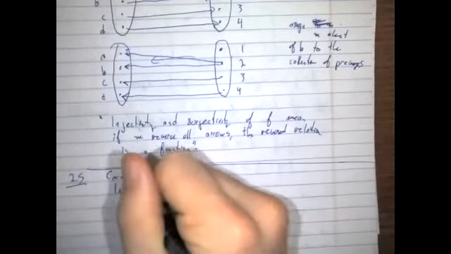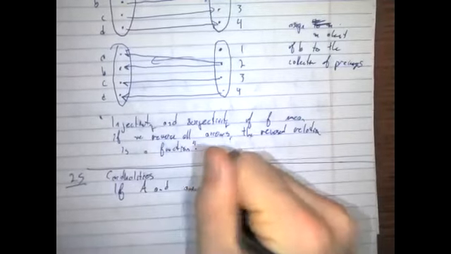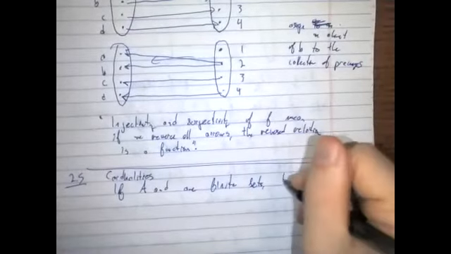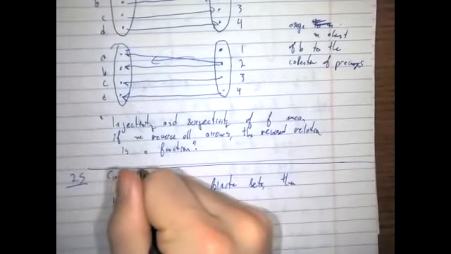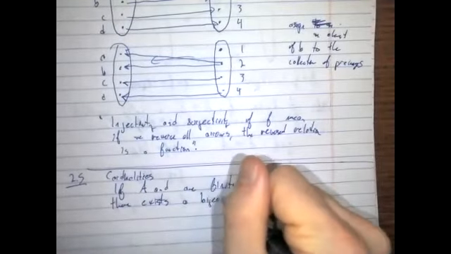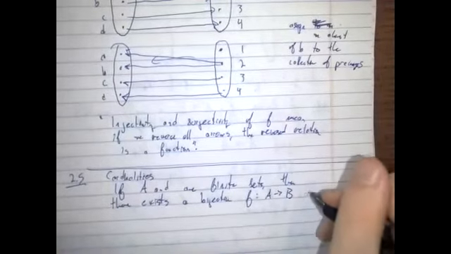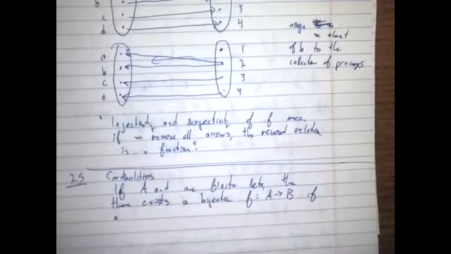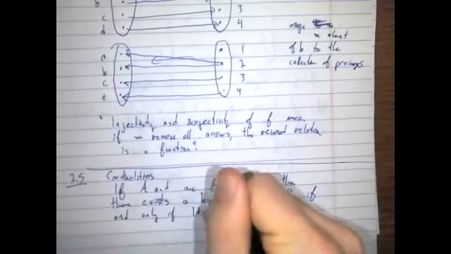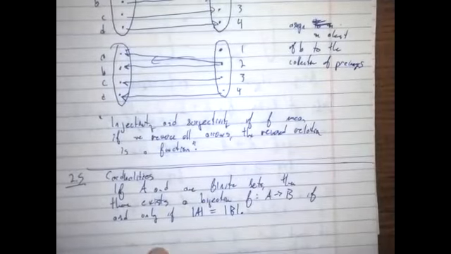In the finite case, or if A and B are finite sets, then there exists a bijection f from A to B if and only if the cardinality of A is equal to the cardinality of B, right?